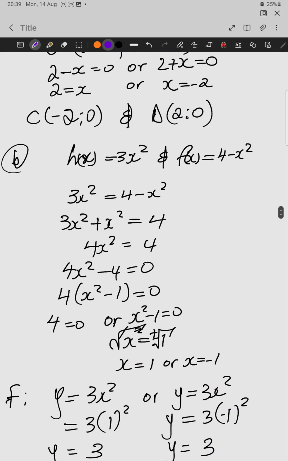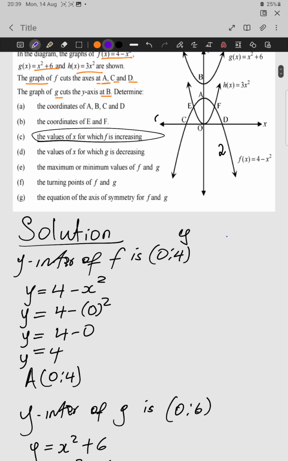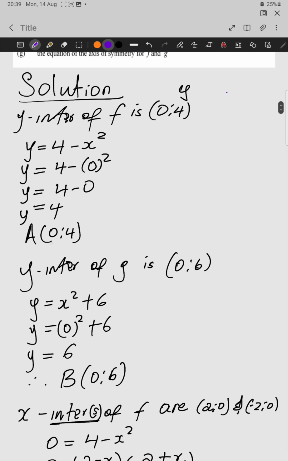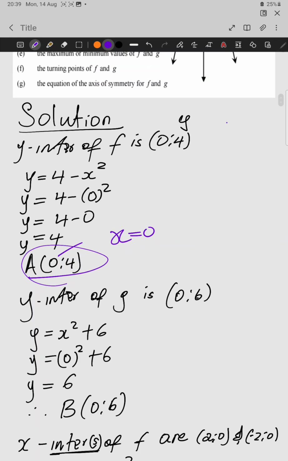So now let's try to answer this one. They say for which values of x is f increasing, so this portion here is an increasing function. So what is the x value of a here? A is the turning point. So the x value of a here, x is equal to what? It is equal to 0.